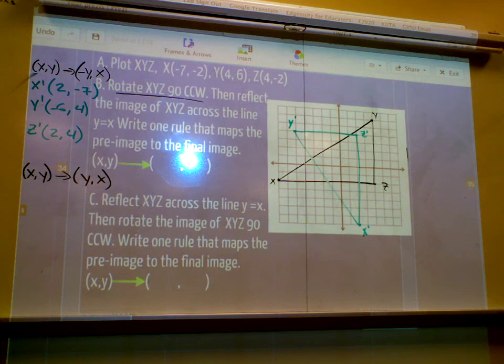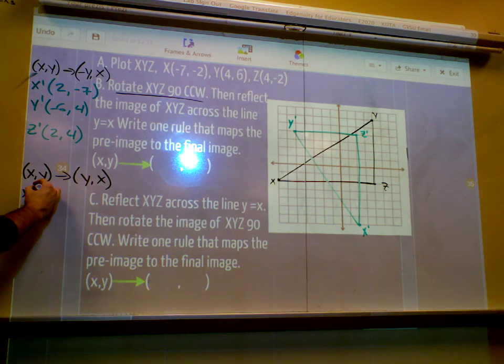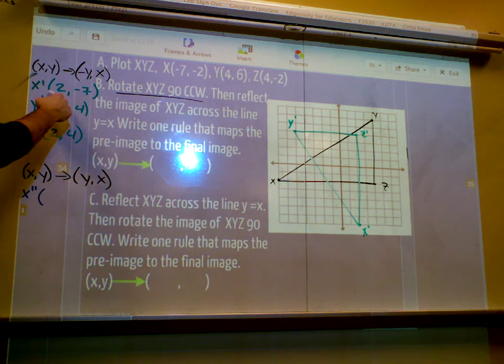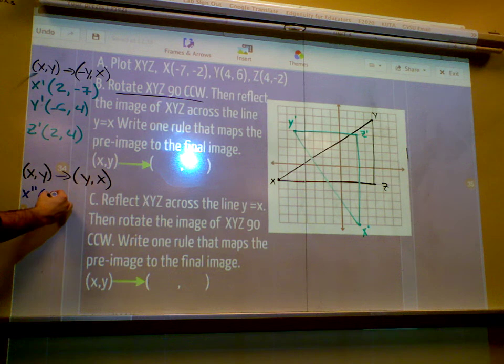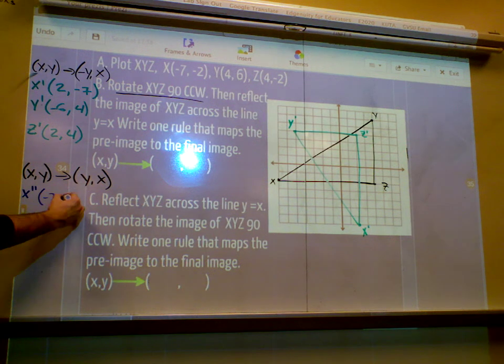We good? Simple. Okay. Let's try the last one. x, y goes to y, x, right? So x double prime means I take these two and do what with them? Switch them.